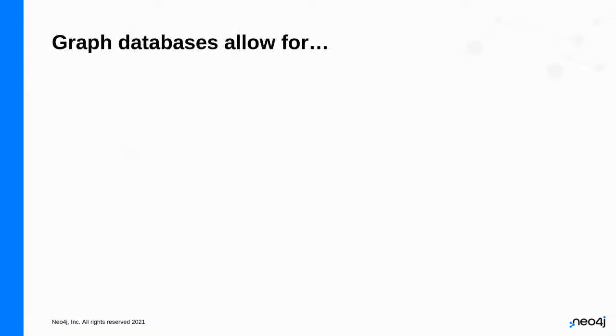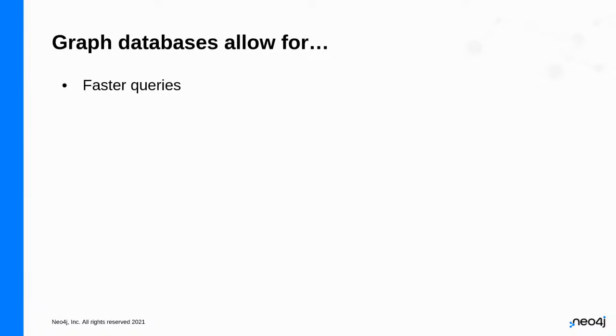So let's talk about what graph databases can do for you here. Now, the first one obviously is going to be faster queries. With SQL, if you're searching for relationships between data points, which we're going to do today, SQL has to look up over an index, and that's slow, as we just talked about.